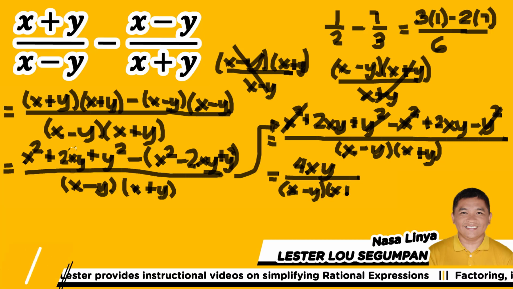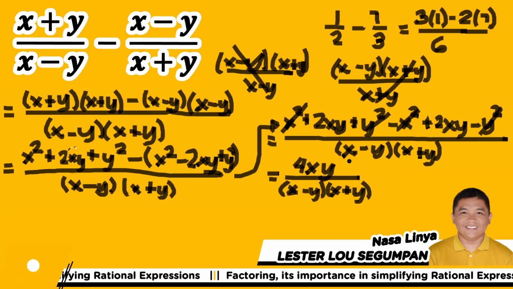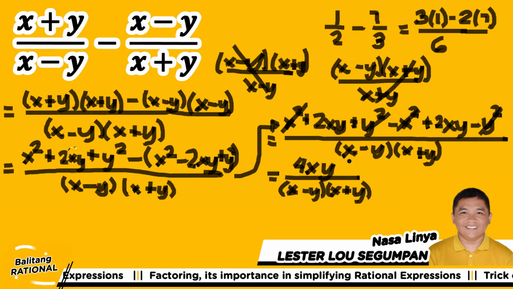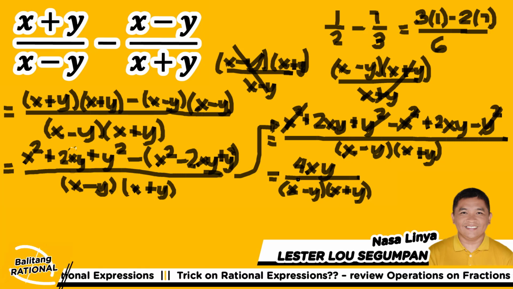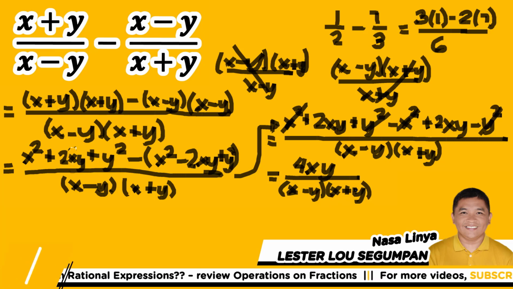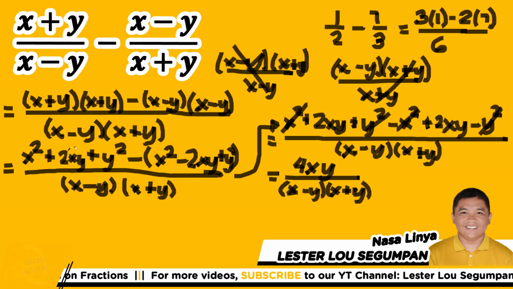This is now our simplified result, or this is the difference of our two original rational expressions. By the way, if you will be tempted to multiply your denominator, you could also try that. You will have x squared minus y squared because these are two binomial expressions with the same first term, same second term, but magkaiba lang po yung ating operations. And you cannot cancel anything naman po. So nevertheless, this will be our final answer for this given.